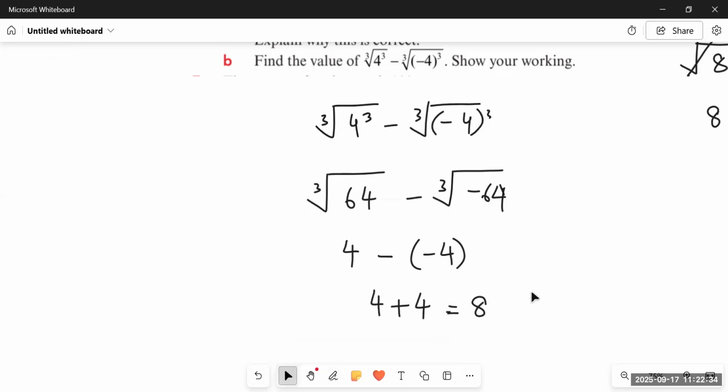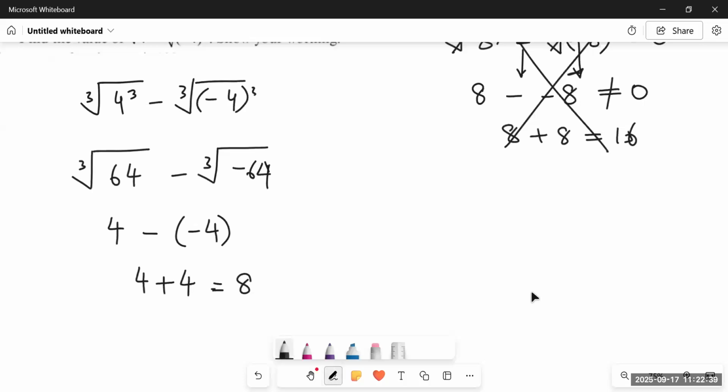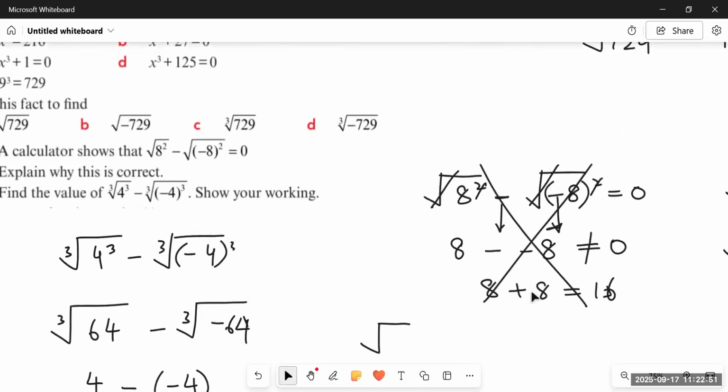Okay, so you can solve it directly as well. If there is a cube root, you can solve it directly. Why? Because the cube of a negative number is negative. In the previous case, the square of a negative number is not negative. Therefore, we cannot solve it like this. We have to change minus 8 to the whole square with positive 64. Okay? The square of a negative number is always positive.